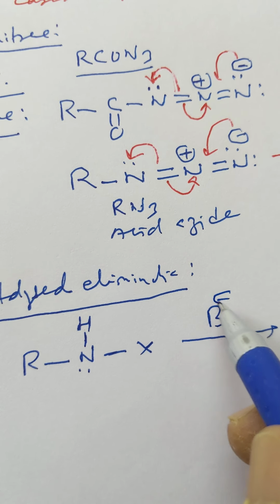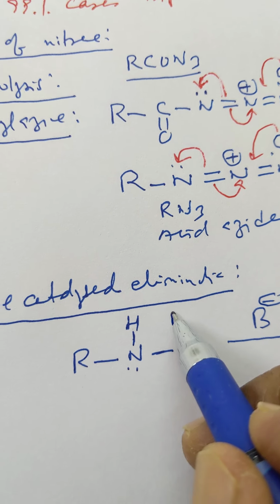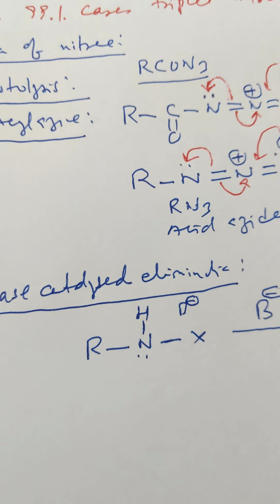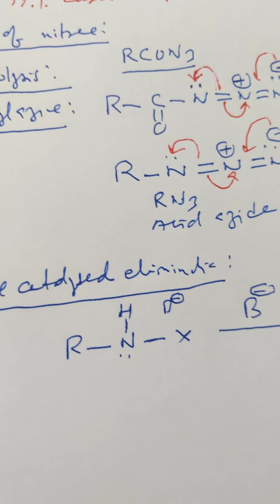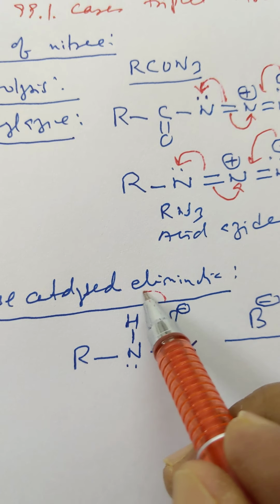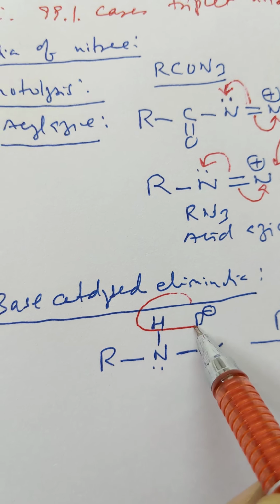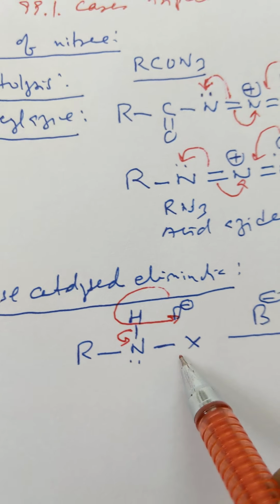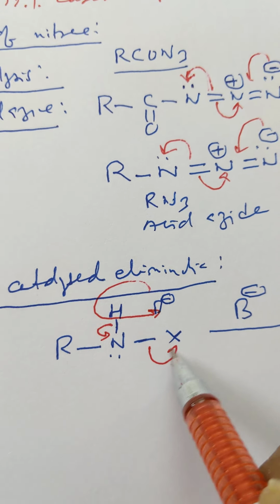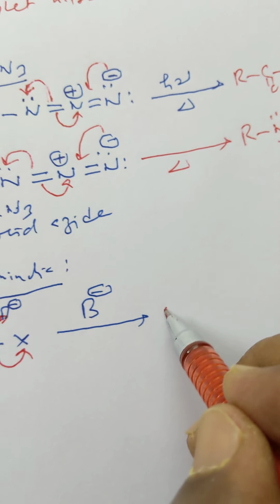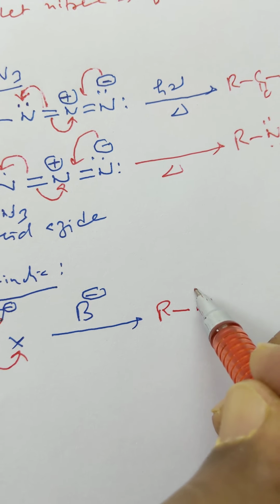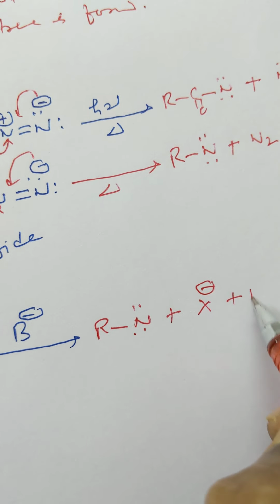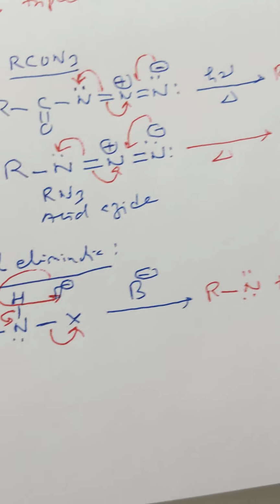If we are treating it with a base, the base will abstract the proton like this, and this electron pair will come to this, and simultaneously the halide ion departs. Now what is the result? RN plus halide ion plus BH.